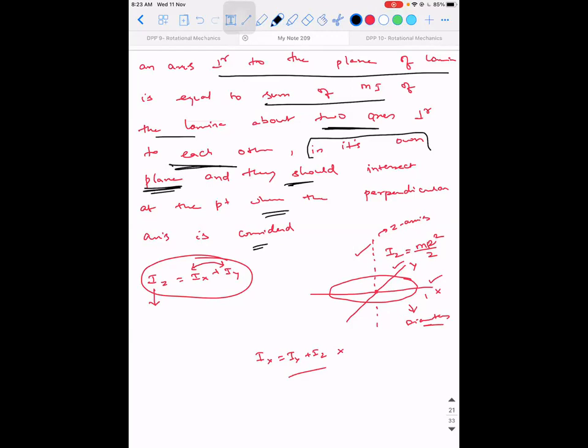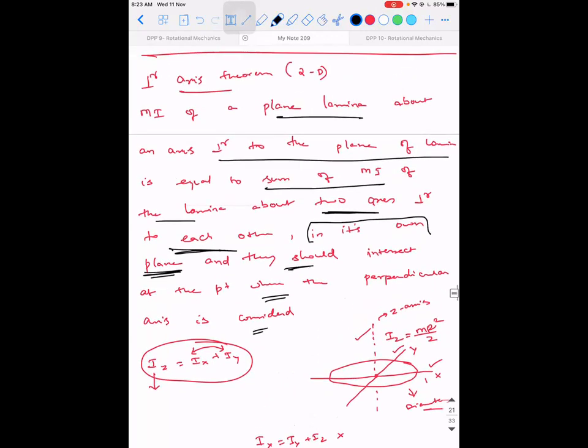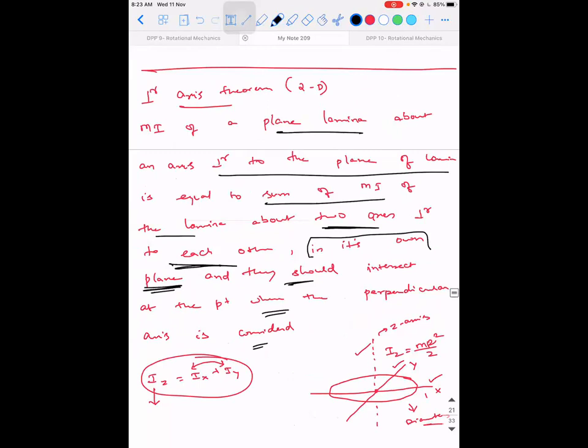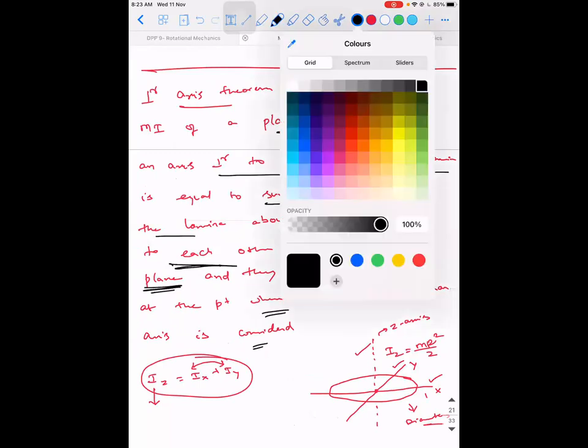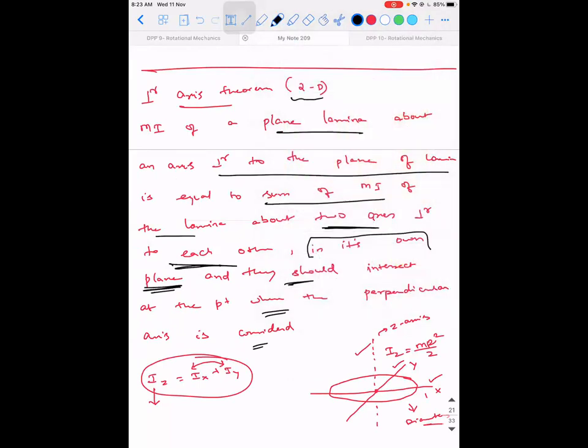What is the answer? Why are you thinking for so long? Sir, is it 4 by 5 m/r square?